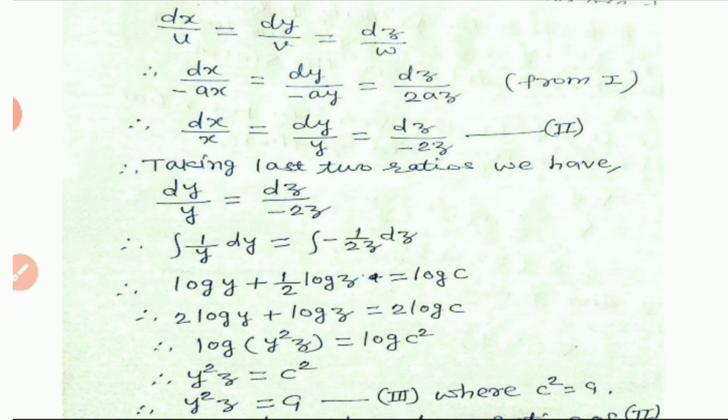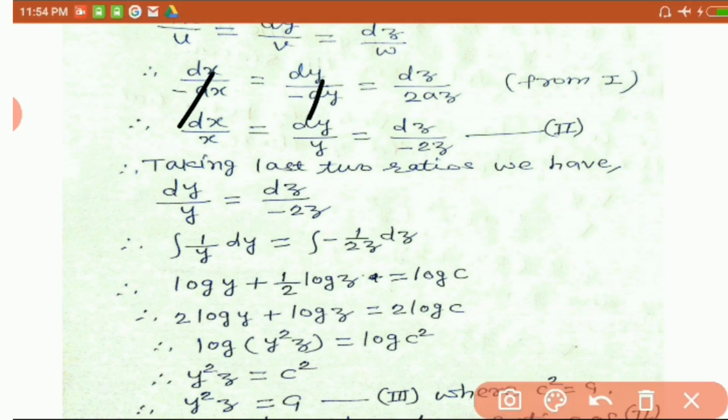That is from the first equation, we have the values of u, v, w. So here this a and this a will be cancelled. We get dx upon x. This minus is also cancelled, and here we get minus. So we get dx upon x is equal to dy upon y is equal to dz upon minus 2z.